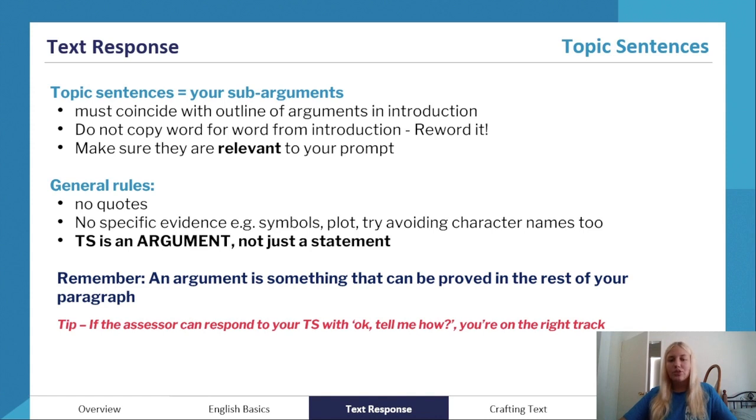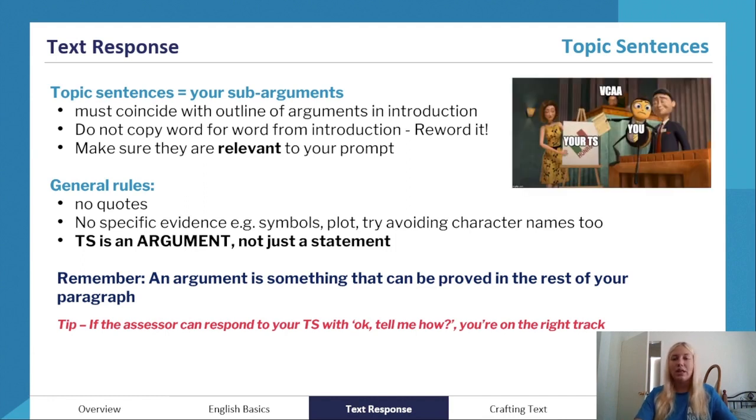So something that you're trying to prove in the rest of your paragraph. It needs to be an idea that requires you to prove it in order to successfully be an argument. So your assessor should read it and think, okay, tell me how you prove your idea. VCAA judge your topic sentences very, very closely. So this is a skill that you need to be working on throughout this year.